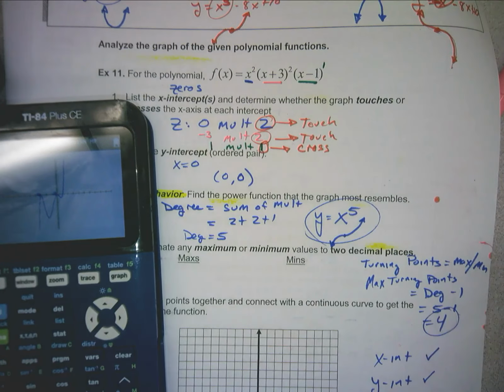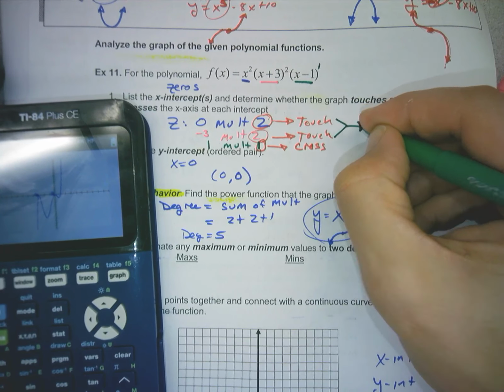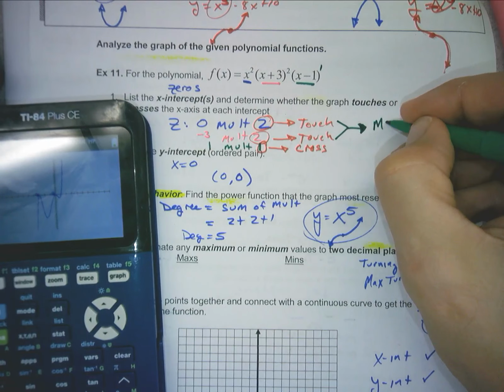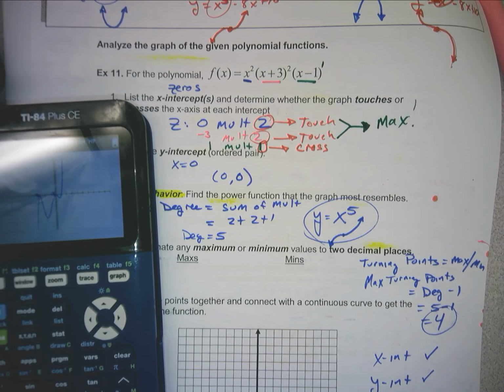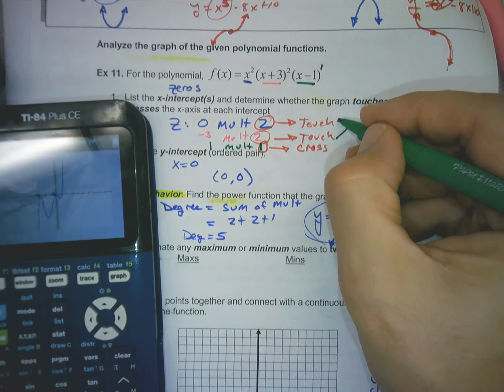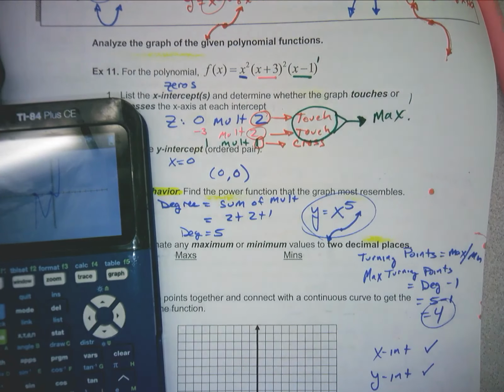Well, any time that you have a touch, that is going to be a min or max. In this case, those are both your maxes. So anytime you have a touch, that's a min or max. In this case, a max.